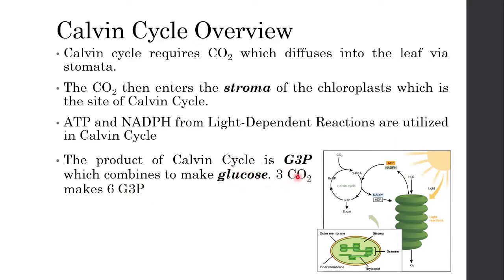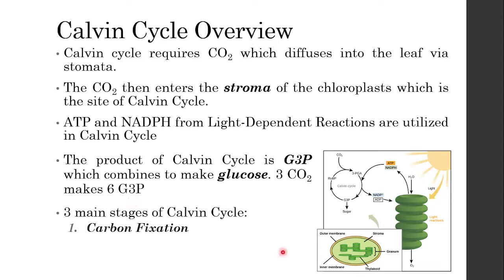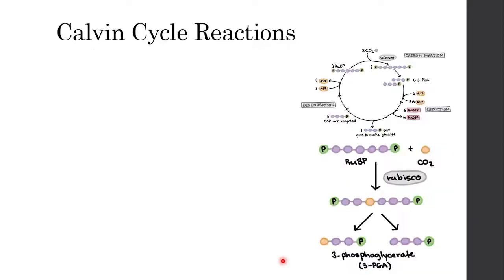At the beginning of the Calvin cycle, we usually start with 3 carbon dioxide, and these create 6 G3P. There are 3 main stages of the Calvin cycle that we are going to talk about today. First is carbon fixation, the second is reduction, and the third is regeneration. So let's begin with carbon fixation.